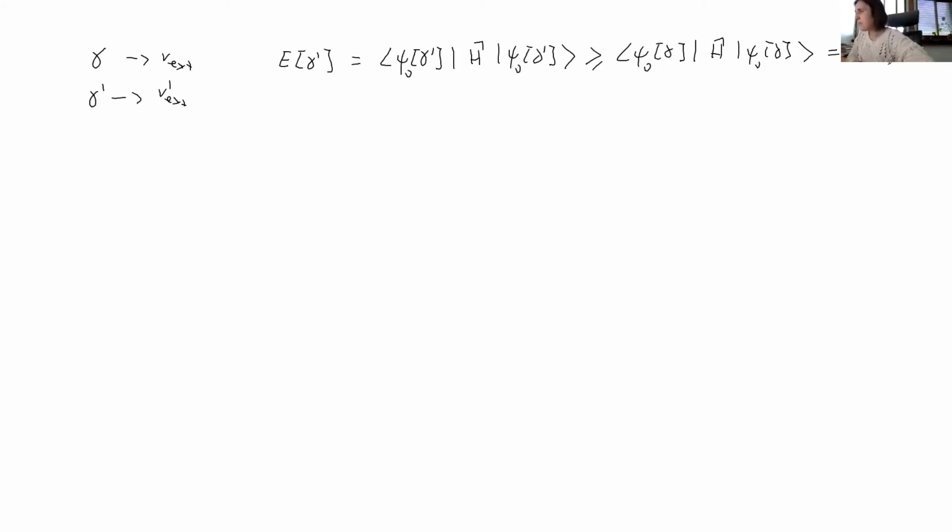Right, so this means that to find the ground state energy of our system, we have to minimize over this set. I will explain what I mean by this set of density, one-body density matrices. We have to minimize our energy functional.